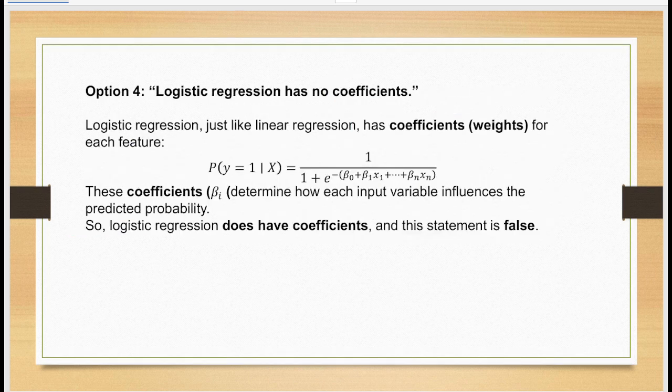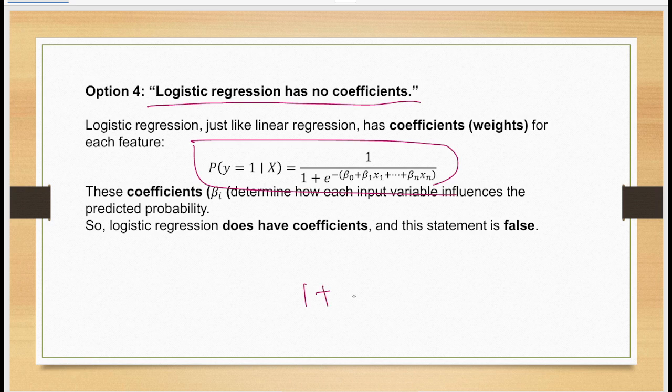Now the last option: logistic regression has no coefficient. If you see clearly in this function, we have 1 plus e raised to minus beta naught plus beta 1 x1 plus dot dot beta n xn.